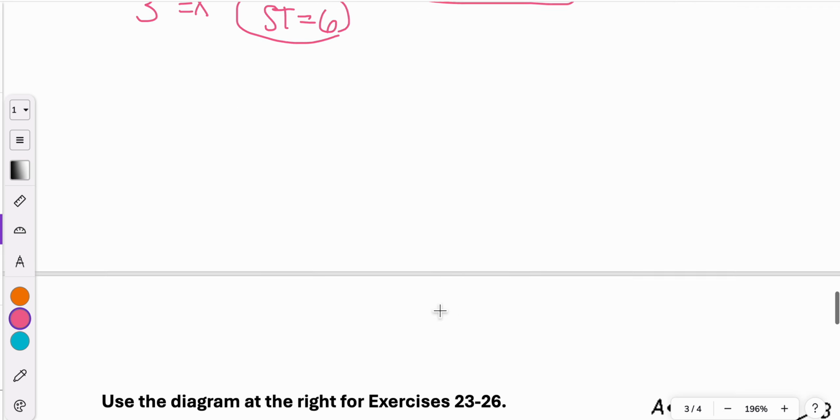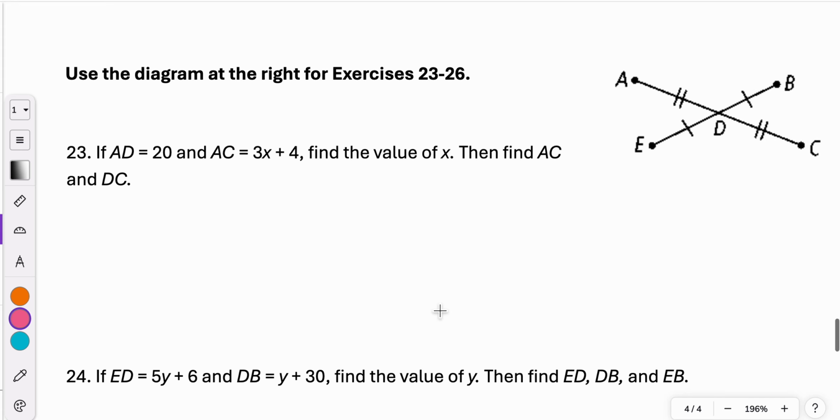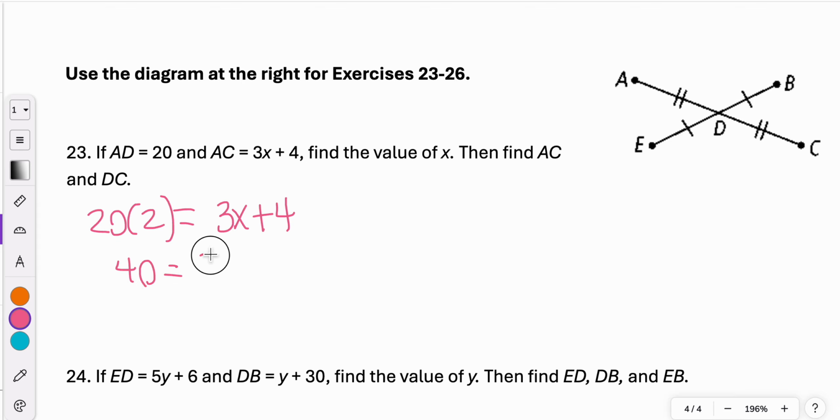Okay? And then a little bit more, we have a diagram here. So if AD is 20 and AC is 3x plus 4, find the value of x in AC and DC. AD is equal to DC, so if AD is 20, so would be DC. So I'm just going to do 20 times 2 to give me the entire length of AC, which is 3x plus 4. So 40 is equal to 3x plus 4.